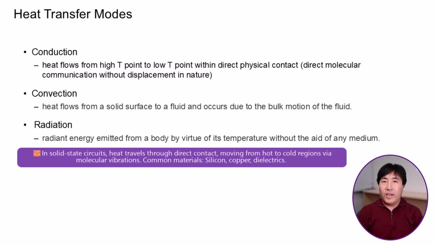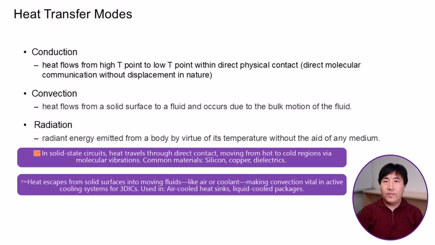The second one is convection. Here, heat flows from a solid surface to a fluid, liquid or gas, due to the bulk motion of the fluid. This type of heat transfer plays a crucial role in cooling systems, especially liquid cooling in multi-die packaging systems.